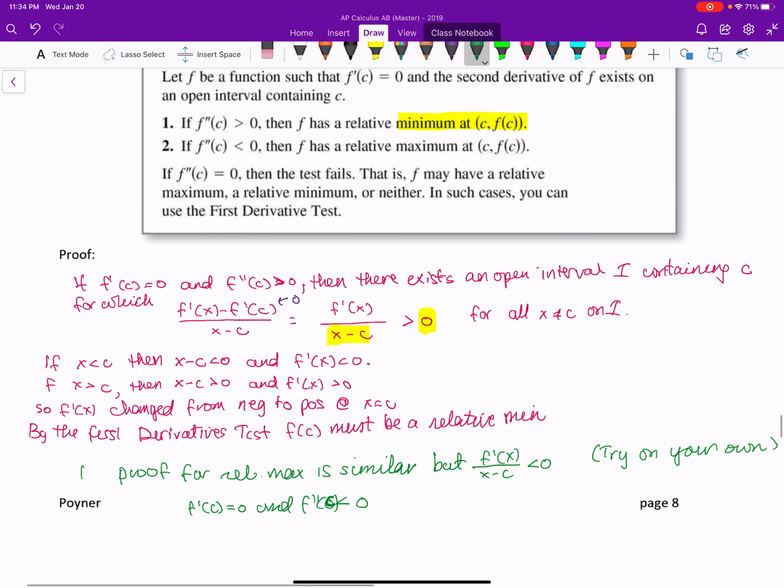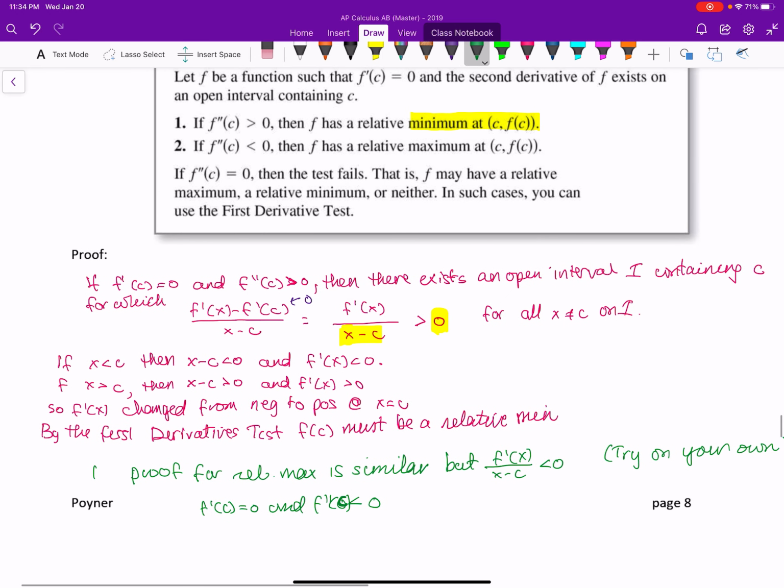Then you just look at what happens right before you get to c. If I substitute in x values right before c and x values right after c, it forces the first derivative to be positive and then negative, which tells you the function increased and then decreased. So that would give me a relative maximum.